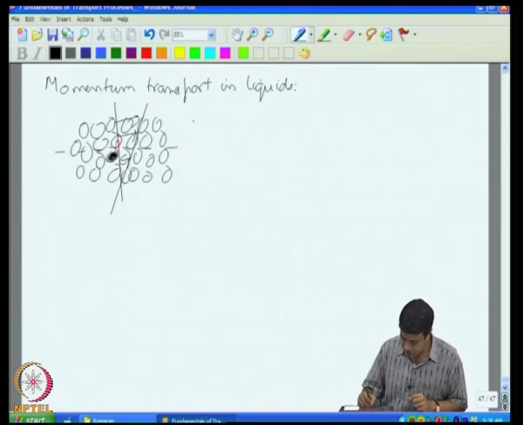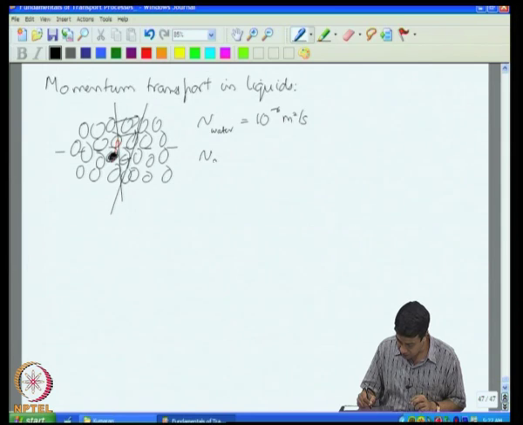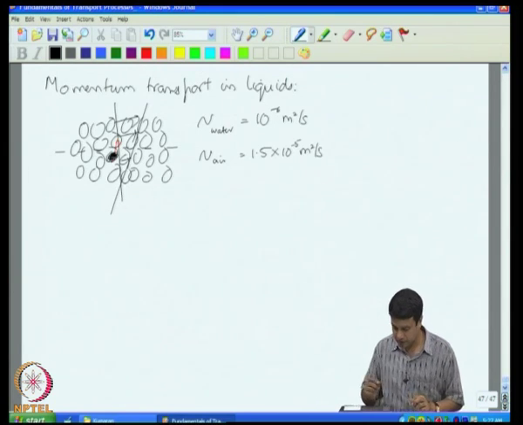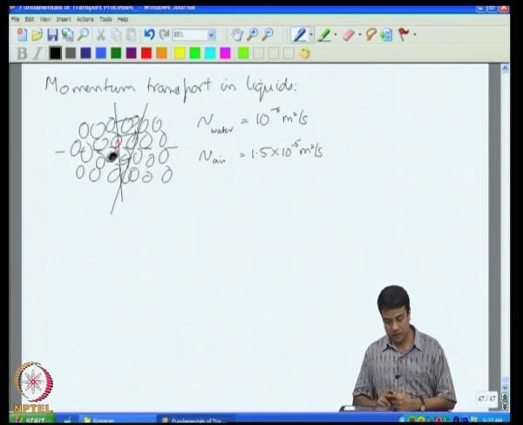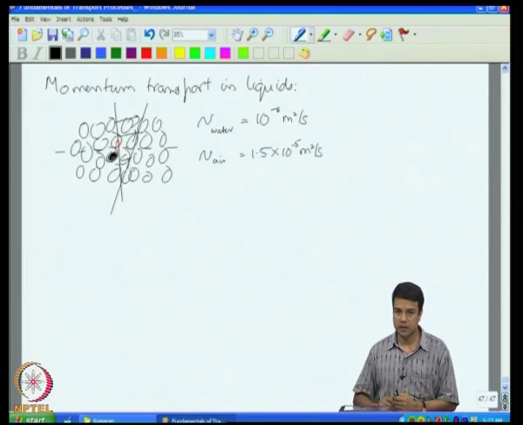The kinematic viscosity for water is approximately 10 to the power minus 6 meter squared per second. The kinematic viscosity for air is approximately 1.5 times 10 to the power minus 5 meter squared per second, and there is not that much difference. I told you that the kinematic viscosity and the mass diffusivity for gases are all of the same magnitude, approximately 10 to the power minus 5 meter squared per second.